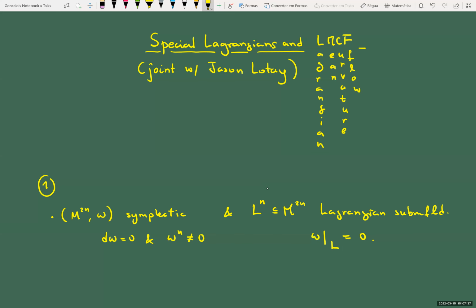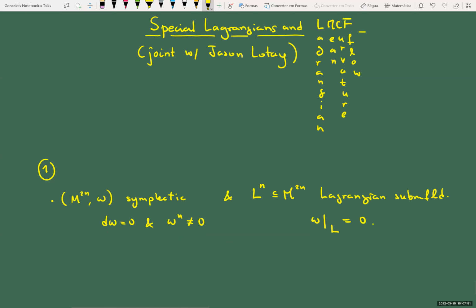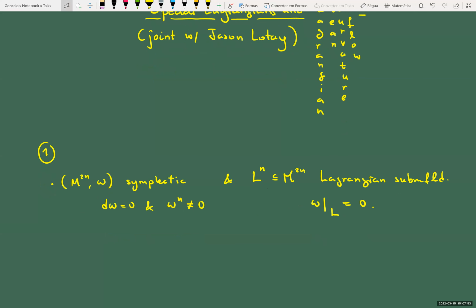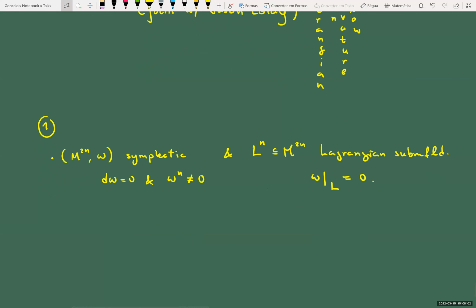And if you are used to thinking of symplectic manifolds as generalized phase spaces for mechanical systems, maybe you can think of Lagrangian submanifolds as generalized configuration spaces for mechanical systems. So if the symplectic manifold keeps track of coordinates and momenta, then a Lagrangian submanifold you can think of as keeping track only of coordinates. And in symplectic geometry, it is natural to think of Lagrangian submanifolds up to an equivalence relation.